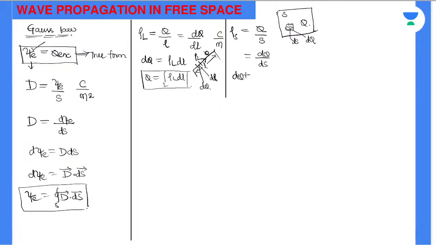Therefore, dq is rho s dS. Similarly, Q is surface integral of rho s dS, the relation between charge and charge density.